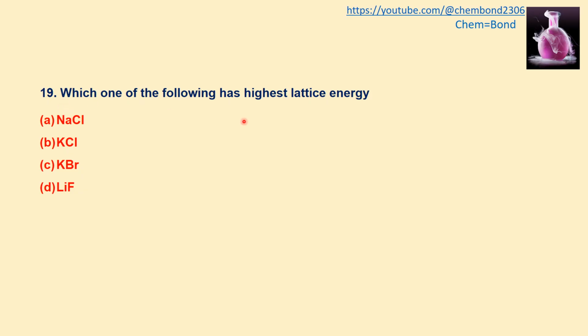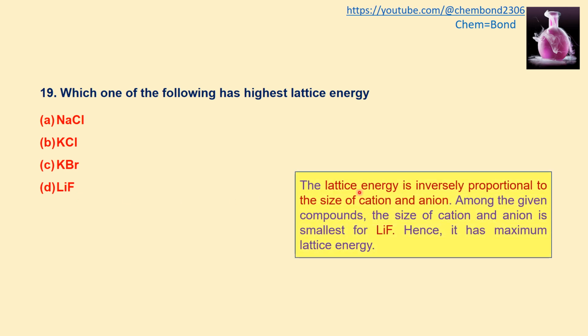Which one of the following has the highest lattice energy? Sodium chloride, potassium bromide, lithium fluoride. The lattice energy is inversely proportional to the size of the cation and anion. Among the given compounds, the size of the cation and anion is smallest for lithium fluoride because both are present at the top of the group, and we know that when we move from top to bottom the size increases.